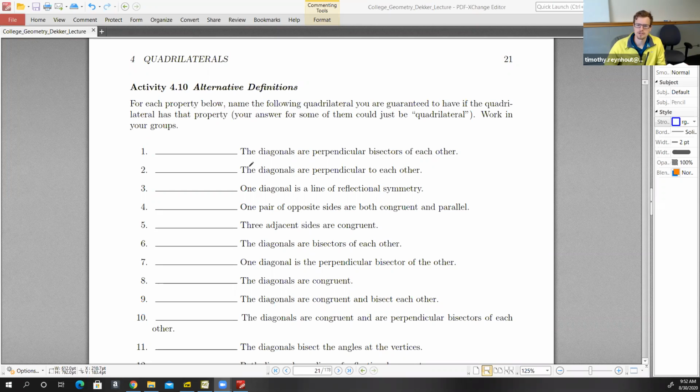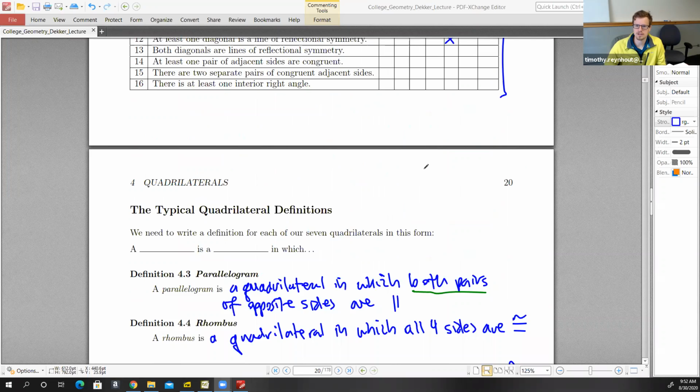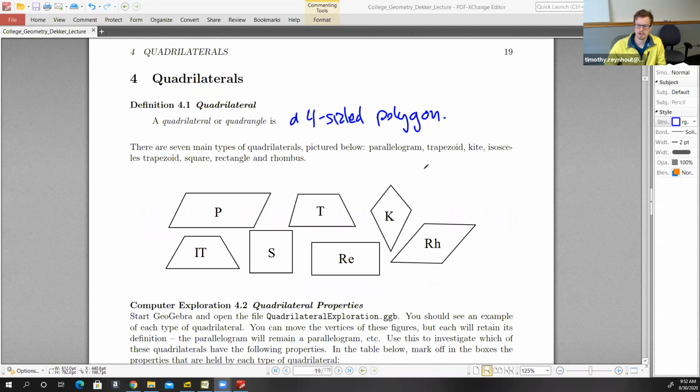All right, so the second property is the diagonals are perpendicular to each other. I'm going to go back up here all the way to the top and remind us that when we're talking about diagonals, we're talking about the lines that go from one corner to another. So those would be the diagonals here.